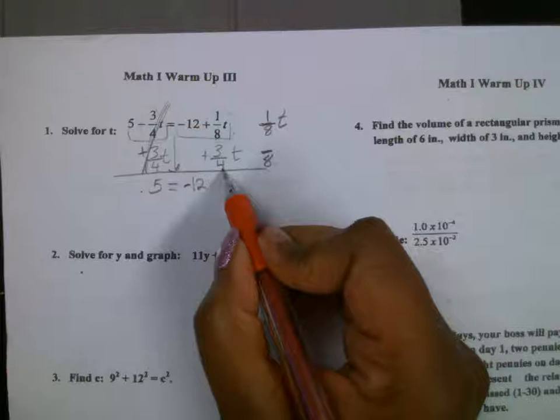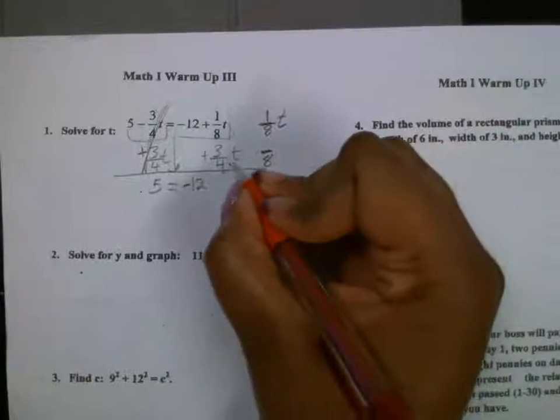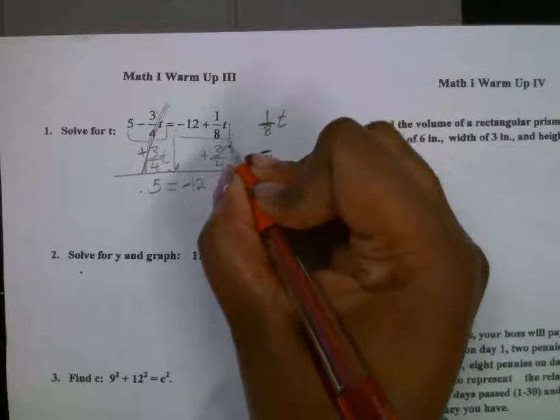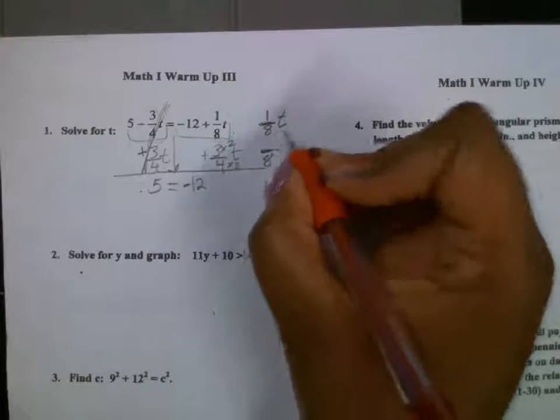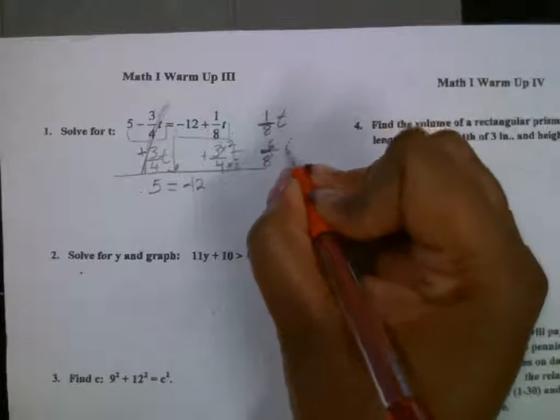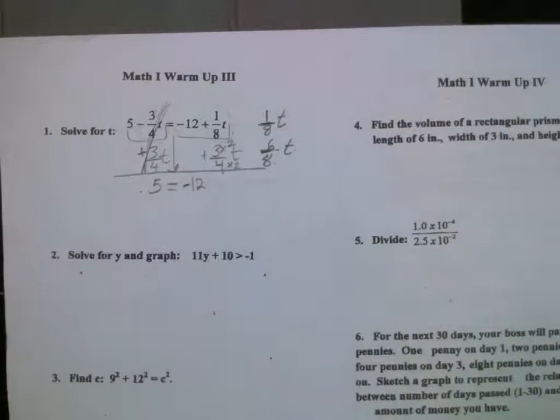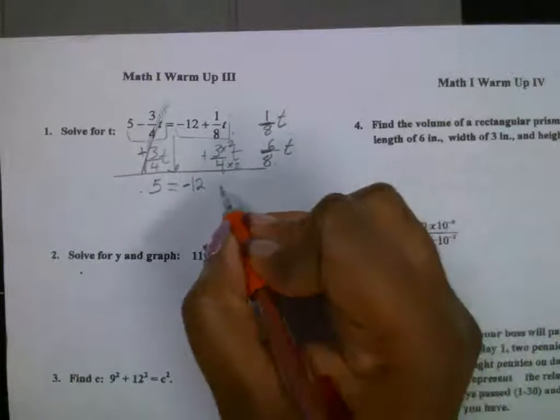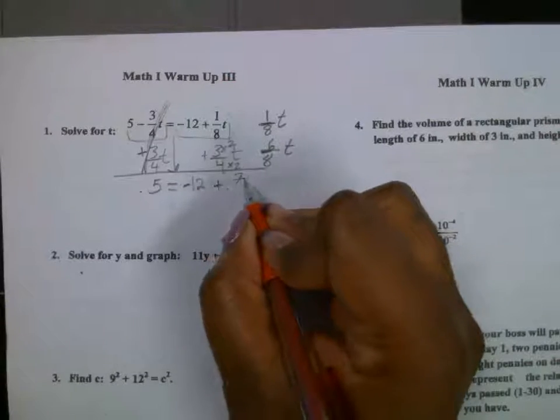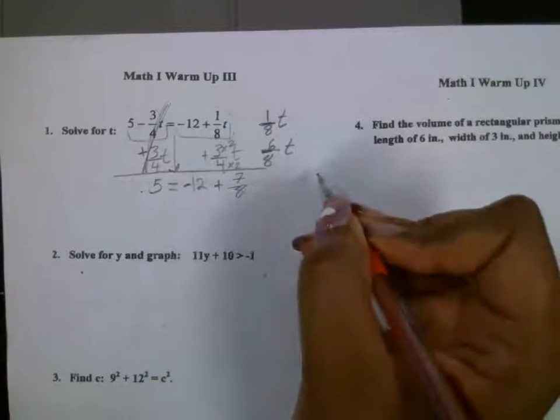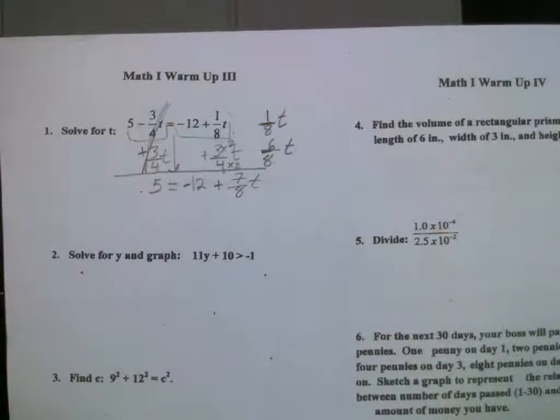What did you multiply to get 8? 2. So you multiply by 2 to the numerator and get what number? 6. Okay? We are adding fractions. So after we found a common denominator, now we're going to add the numerators, correct? So when you add those numerators, what does that give you? 7 over 8t.